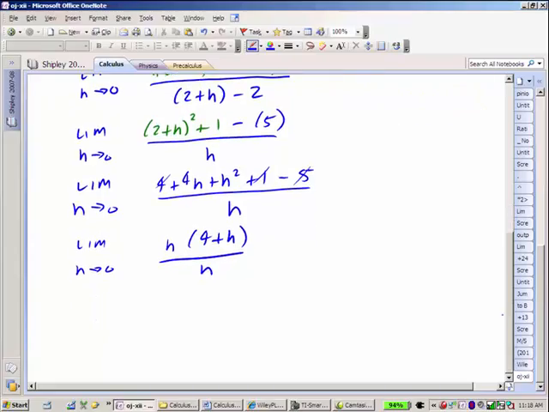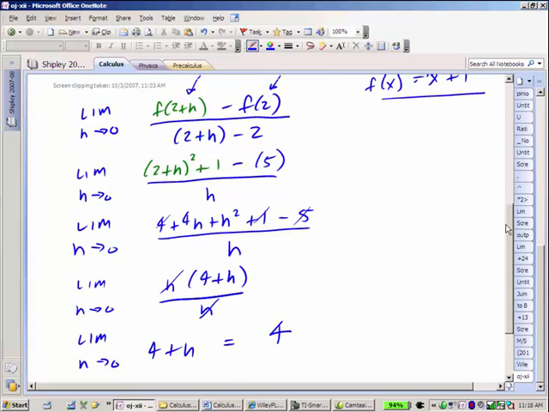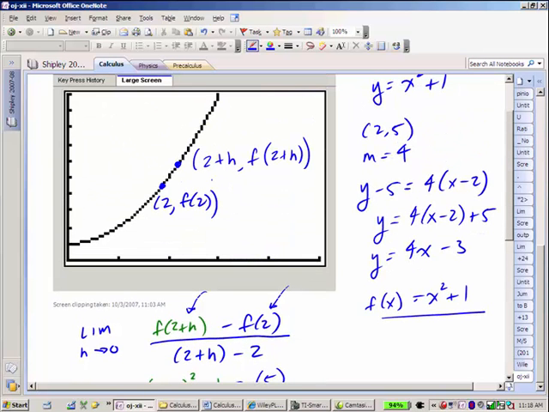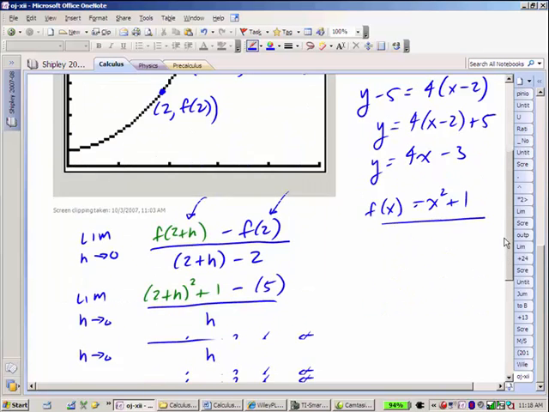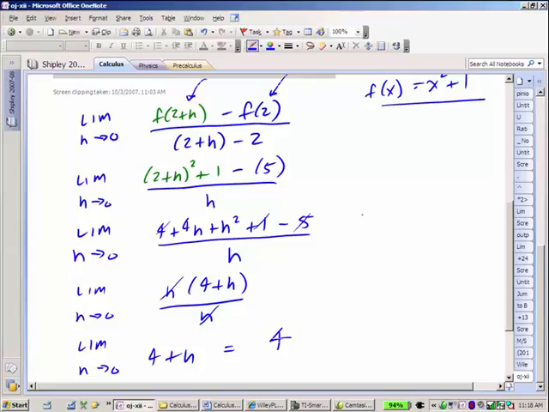The beauty of algebra will continue to unfold. The limit as h goes to 0 of 4 plus h equals 4. So I just found out that the slope at 2 is 4. So I could say that the derivative at 2 equals 4. That's one way of saying the notation.